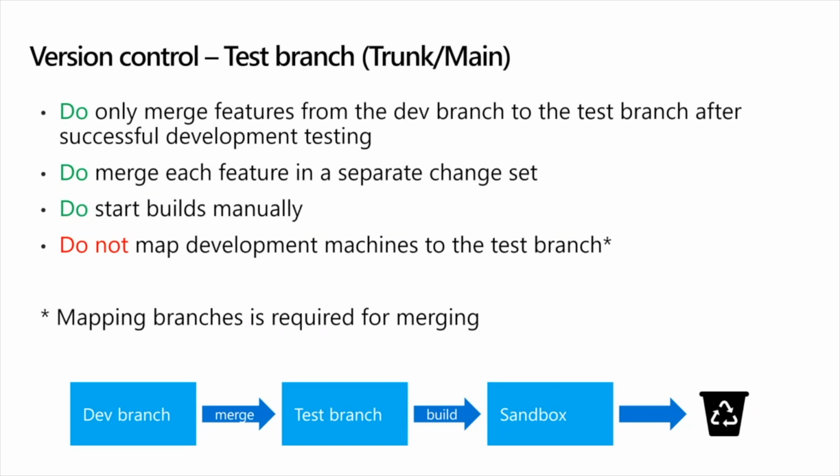In general, you should not map development machines to the test branch, at least not to the packages folder on the development machine. You do need to map the test branch on a development machine to a temp folder in order to do merging.